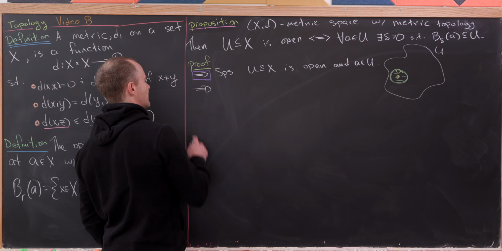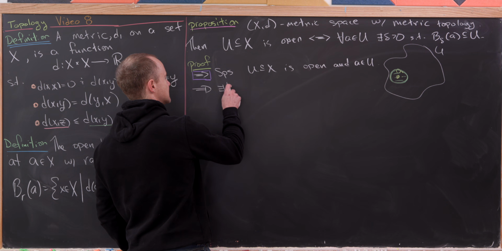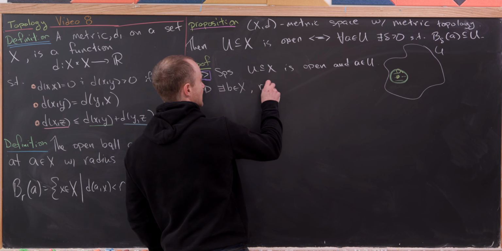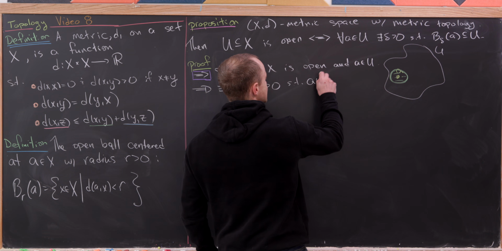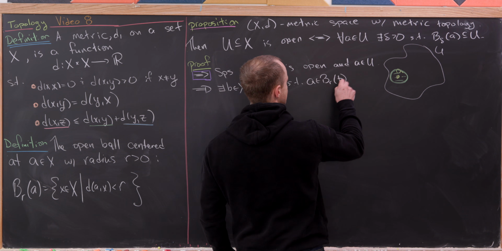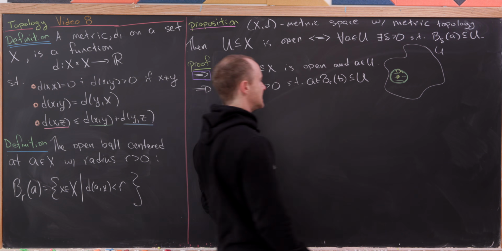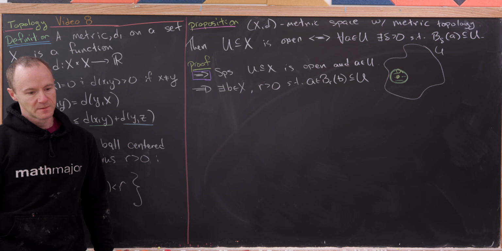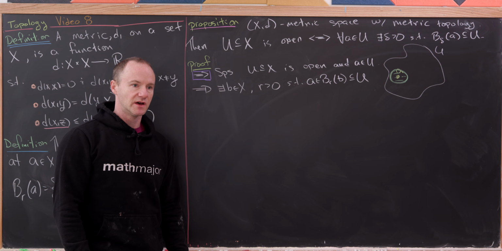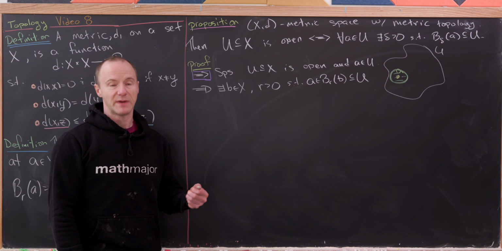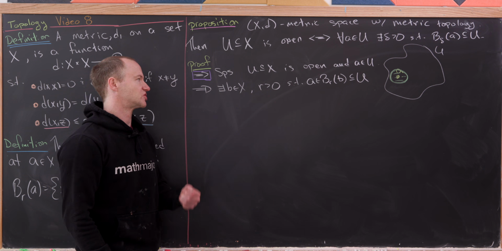But let's bring all of that into existence. So that means there exists a B inside of X and an R bigger than or equal to 0 such that A is inside of the ball of radius R centered at B, which is totally contained inside of U. So again, this is based off the fact that the open balls form a basis for the metric topology.